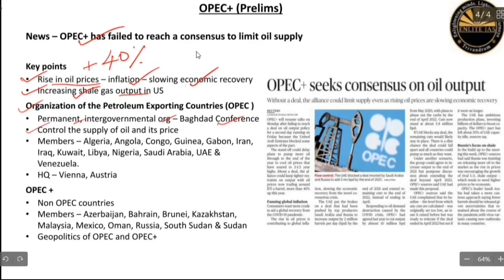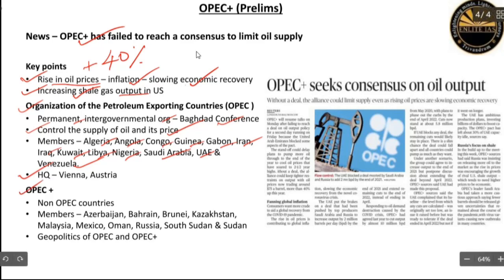It was formed primarily with an aim of controlling the supply of oil and thereby its price. Its members include 2 South American countries, 6 African countries, and 6 Gulf countries: Algeria, Angola, Congo, Guinea, Gabon, Iran, Iraq, Kuwait, Libya, Nigeria, Saudi Arabia, UAE, and Venezuela are its members. It is headquartered at Vienna, Austria.